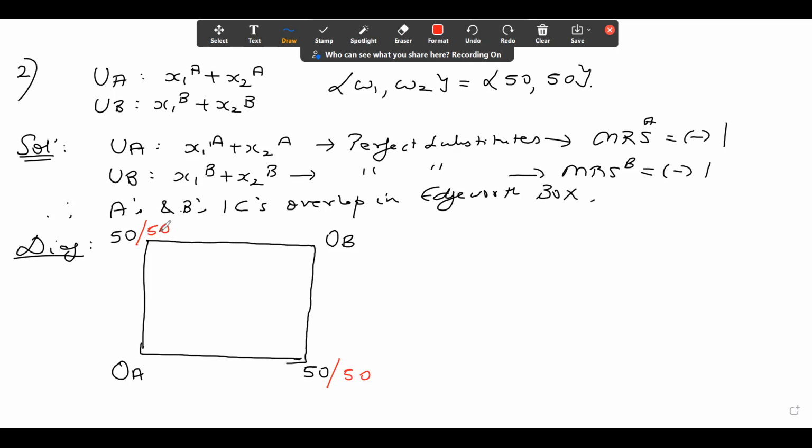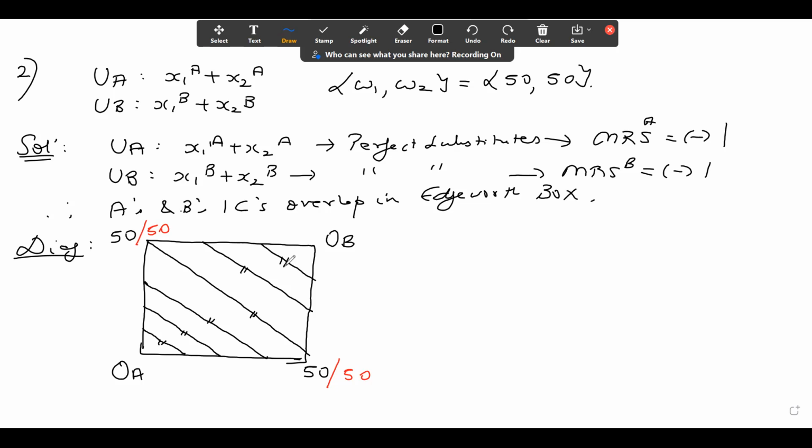The ICs for A are going to be downward sloping at 45 degrees, because the slope is -1. So these are A's ICs. They are all parallel to each other. Perfect substitutes ICs are all downward sloping straight lines.